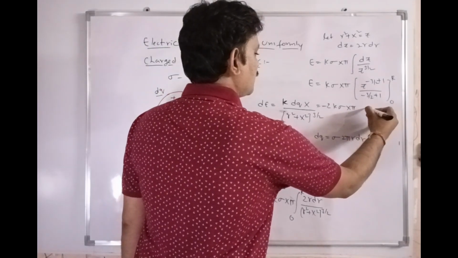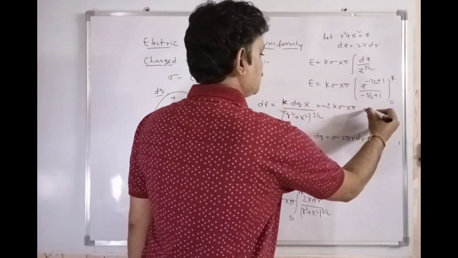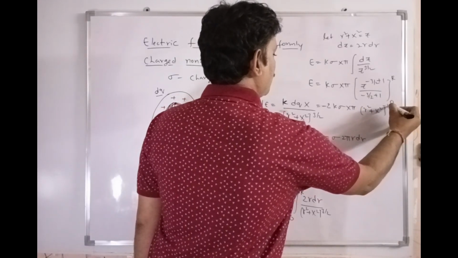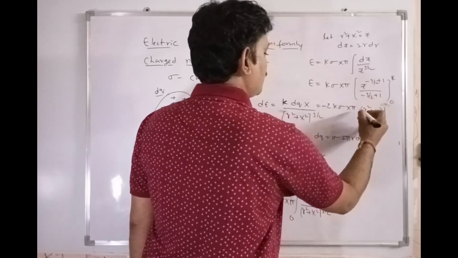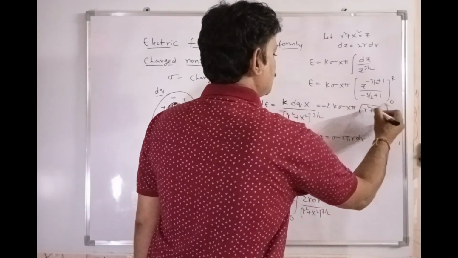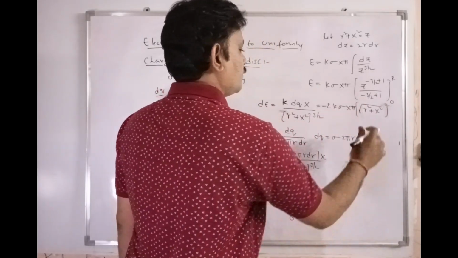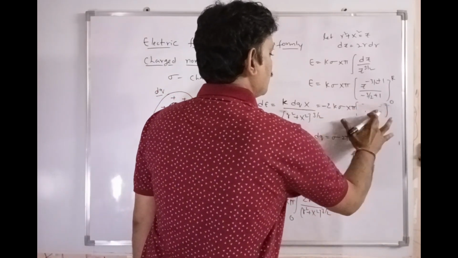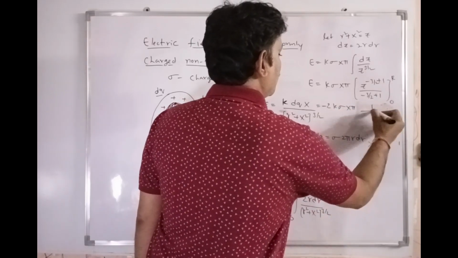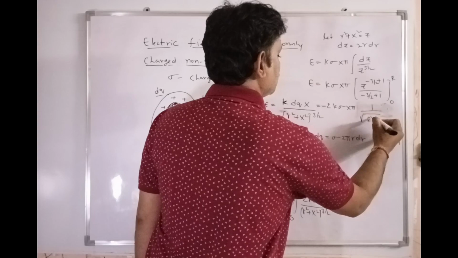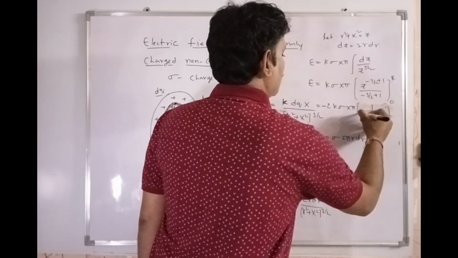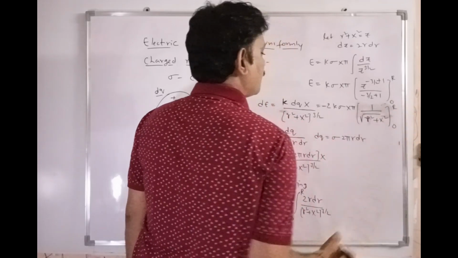Z power minus 1 by 2 means r square plus x square whole power minus 1 by 2. Minus 1 by 2 is nothing but root, so this is 1 by root r square plus x square. The limits are 0 to r.